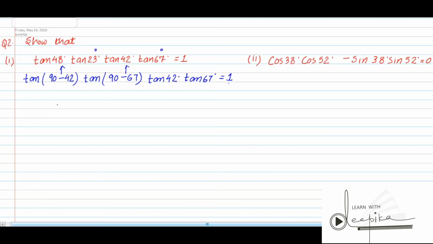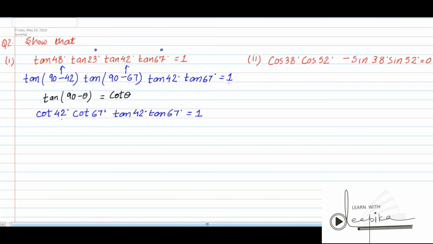Now we have a formula: tan 90 minus theta is equal to cot theta. Using this formula, you can write tan 90 minus 42 as cot 42 degree and tan 90 minus 67 as cot 67 degree, and the remaining two terms tan 42 degree tan 67 degree is equal to 1.